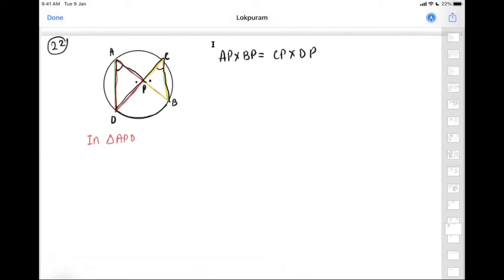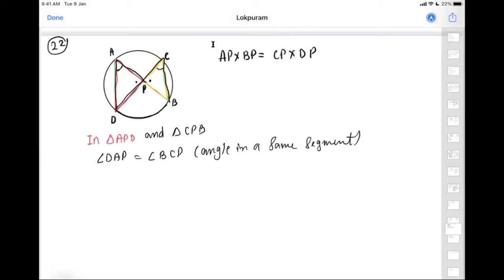So we can write, in triangle APD and triangle CPB, angle DAP is equal to angle BCP, angles in the same segment. Here angle APD is equal to angle CPB, we can say vertically opposite angles.